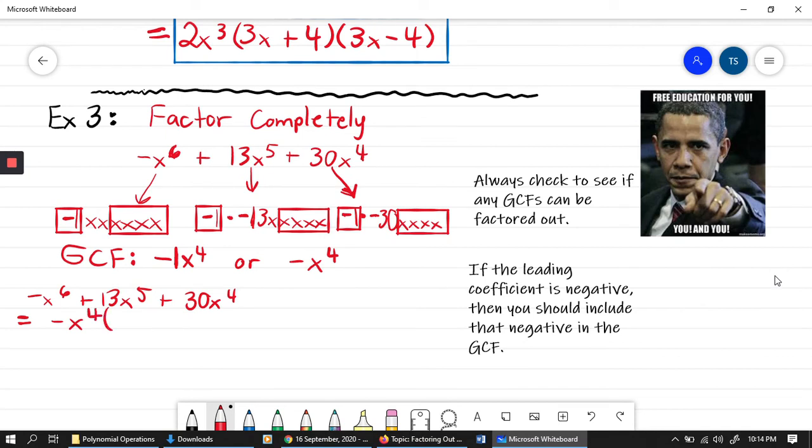when we look at what is left over inside of this parentheses, again, for this first term, there's no number other than 1 that's left over. So of course the coefficient that's left over there is 1, and then when we take away these 4 x's, we have 2 x's left.